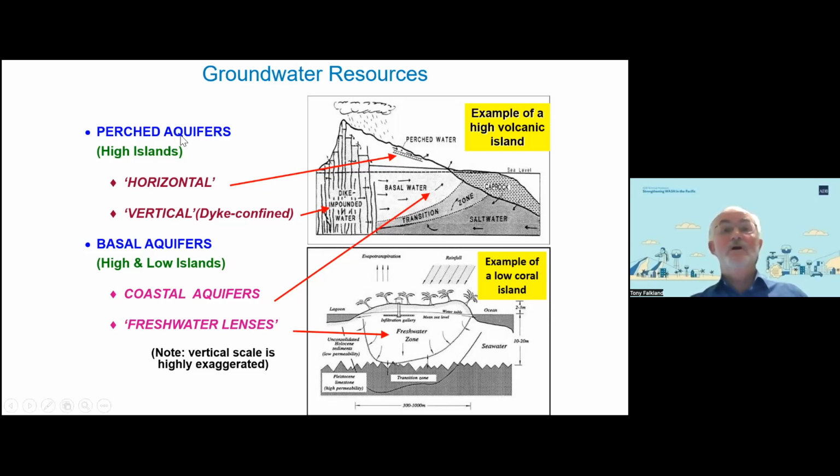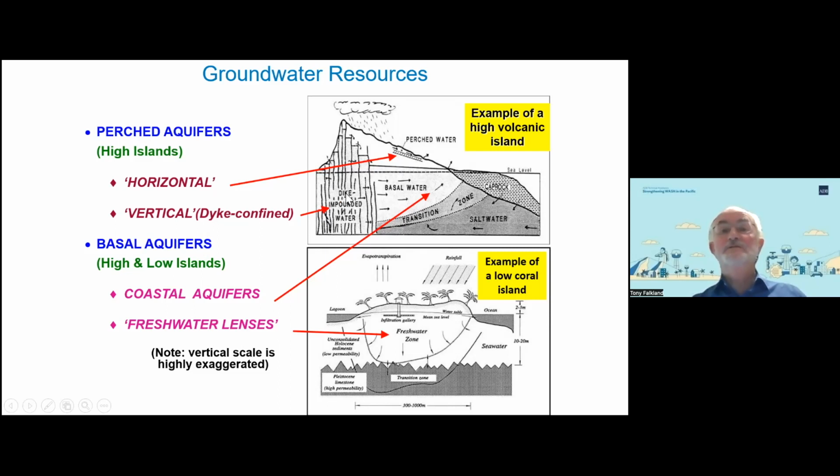We can divide types of groundwater resources into two types of aquifers, namely a perched aquifer system and basal aquifers. The perched, the more common type, is depicted here. It's more of a horizontal aquifer, but you can also get vertical ones which are confined behind volcanic elements called dikes.